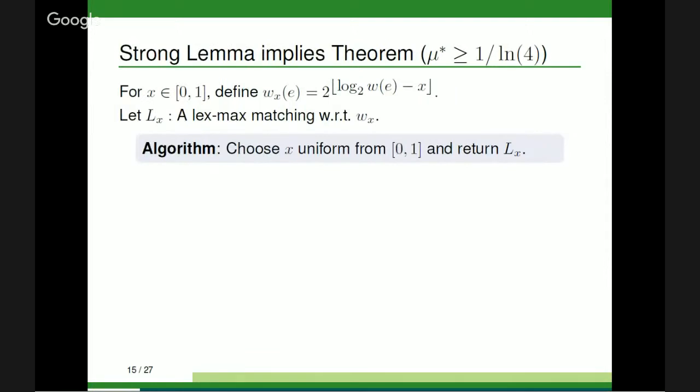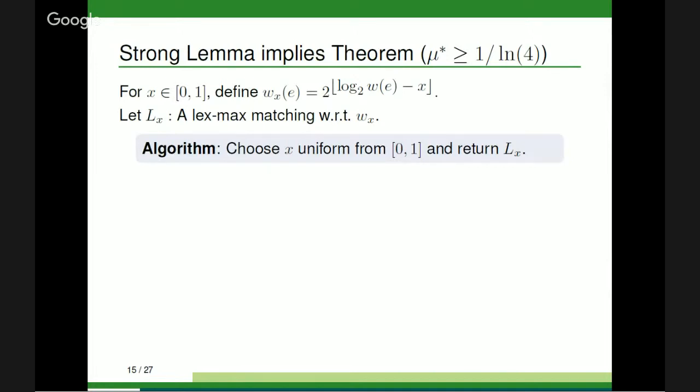So what was the theorem? That the randomized matching robustness, mu star, is at least 1 over ln of 4, logarithm base e of 4. And so here's the algorithm that outputs a distribution whose robustness is at least 1 over ln of 4.